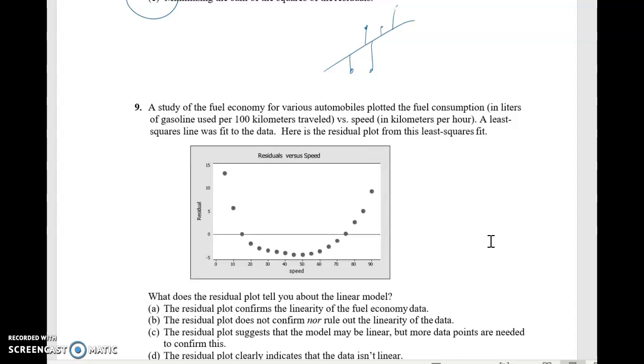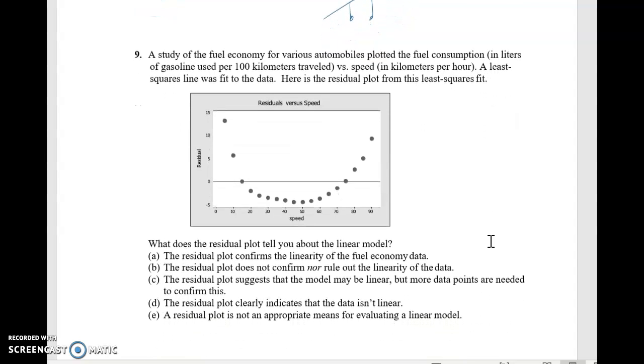Question number 9, this should be pretty much automatic. When you're looking at this, before you even see anything, you see the residuals. Is there a pattern? Sure, looks like a big smiley face, minus the eyes. So our residual plot from this least squares fit tells you about the linear model. It's not good. There's a pattern. A says it confirms. Definitely not.